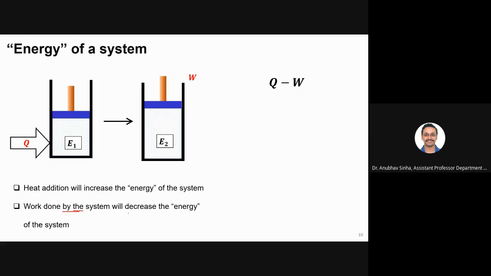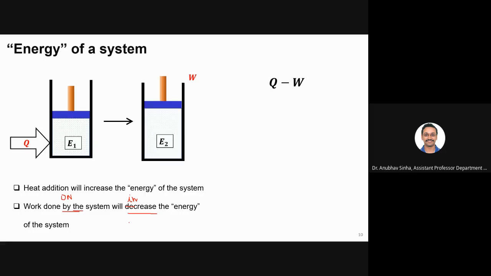Okay, that is decreasing the energy. What you said is work done on the system. Yes, that is correct. Work done on the system will increase the energy. Is it okay? Yes, sir.